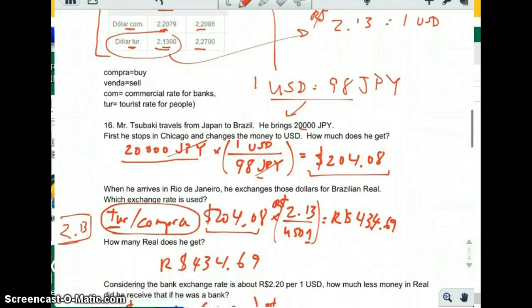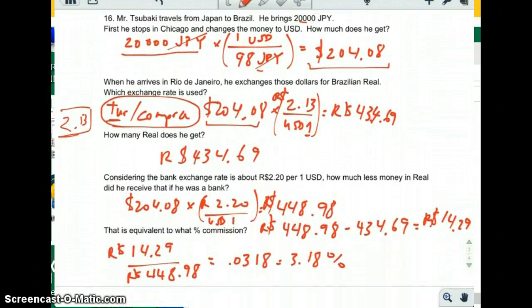So that's what we do. We put 2.13 reais on top. We put 1 US dollar on the bottom. And we know US dollars goes on the bottom because US dollars is on the bottom here. Cancel out. We multiply it out and we get 434.69 reais is the answer.